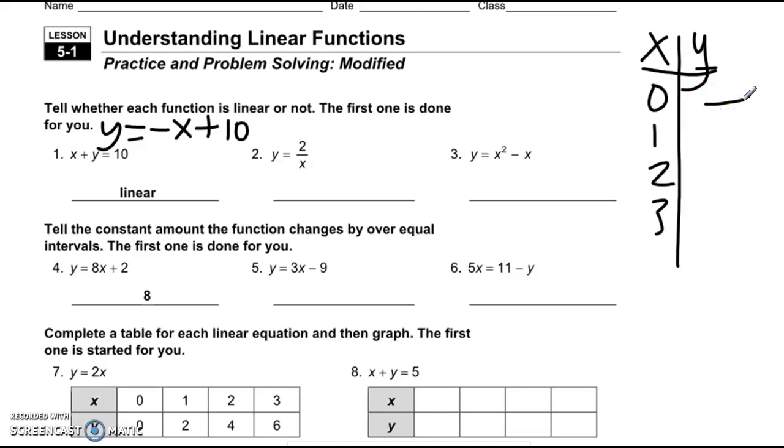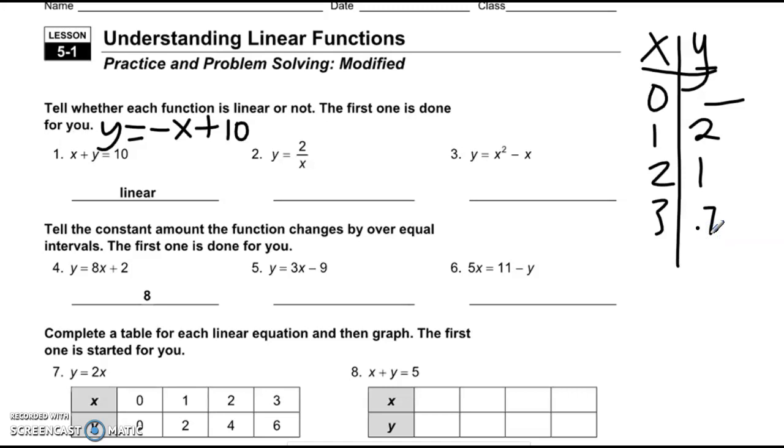When I put 1 in for x on number 2, 2 divided by 1 is 2. When I put 2 in for x, 2 divided by 2 is 1. When I put 3 in for x, 2 divided by 3 is 2/3, or about 0.7.